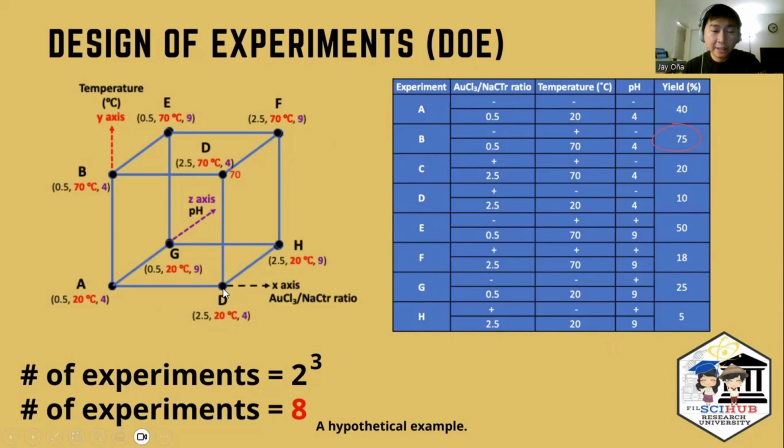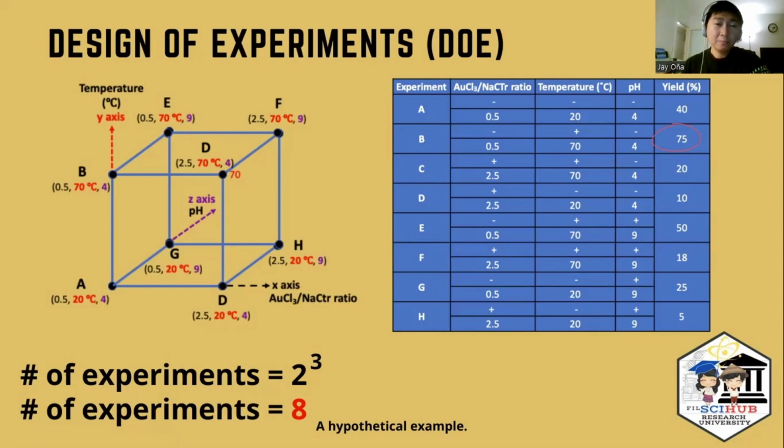So these are the bookend values. And you have temperature, 20 degrees centigrade versus 70. This is the lowest and the highest bookend values, as well as pH. You have pH 4 and pH 9.